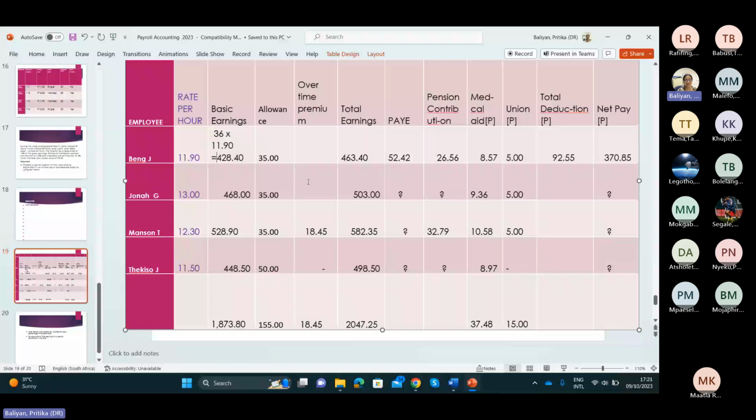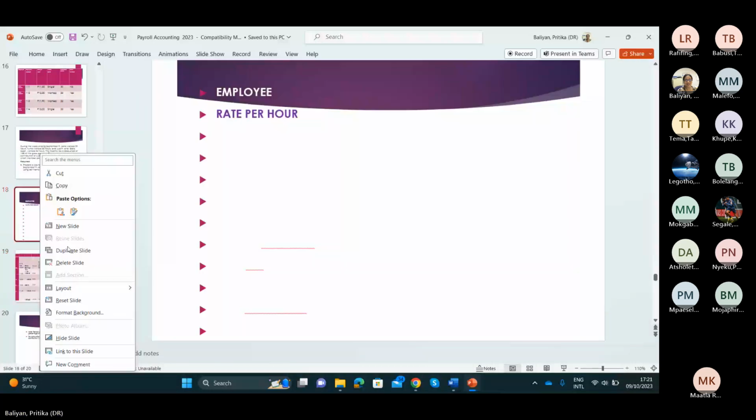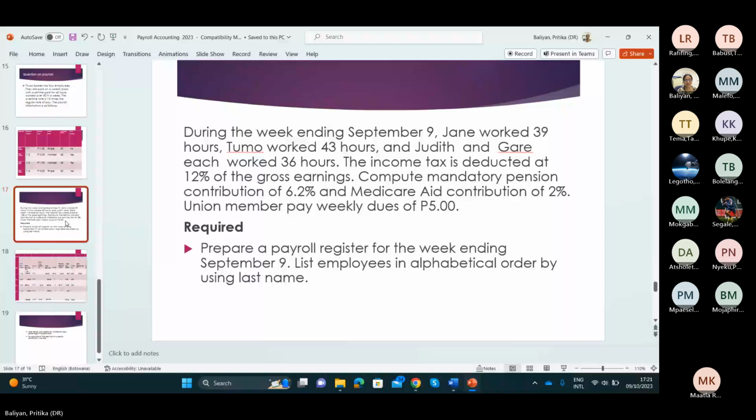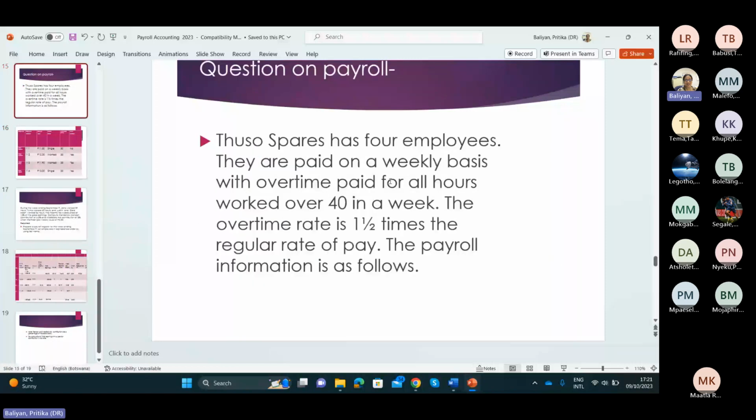Then for overtime, we have to look in the question if he is qualified for the overtime. Overtime will be paid only to those employees who worked more than 40 hours, because the normal working hours for this business for a week is 40 hours.